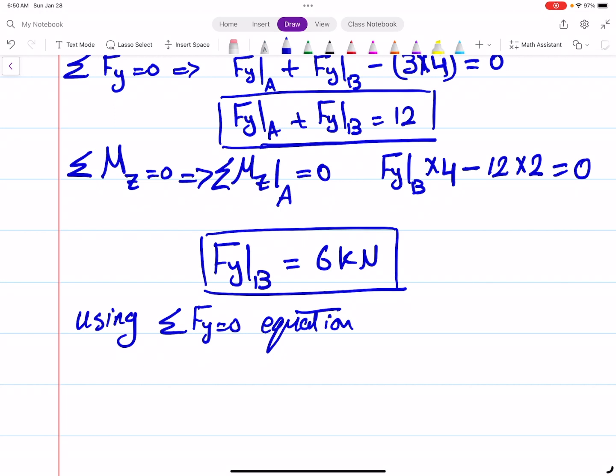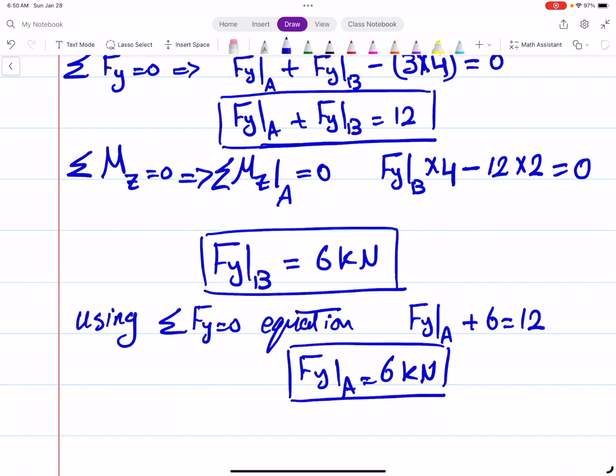You can give it a number and refer to it as well. So this will be Fy at A plus 6 equals 12. Then Fy at A equals 6 kilonewton as well. Now we got the support reactions.